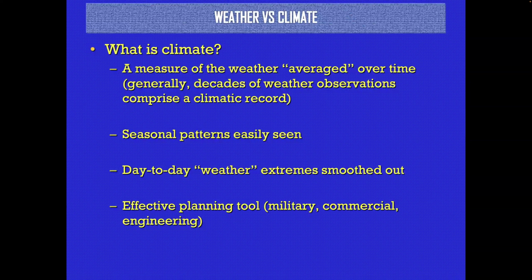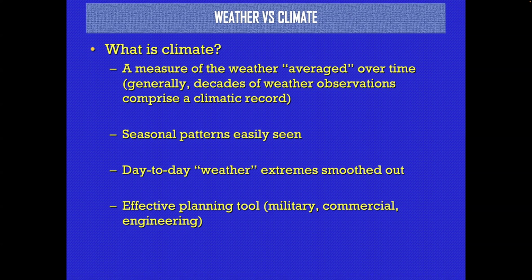Now, what is climate, on the other hand? Climate is a measure of weather, and the key here is averaged over time. Generally, decades. The more data you have, the better. Ideally, 30 years. And then when you do this average over time, you begin to see seasonal patterns emerge.